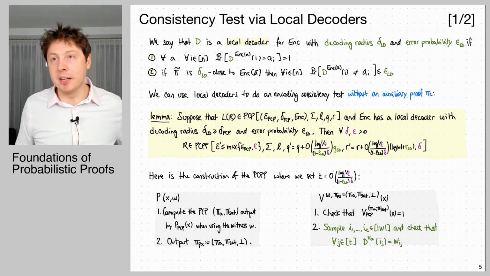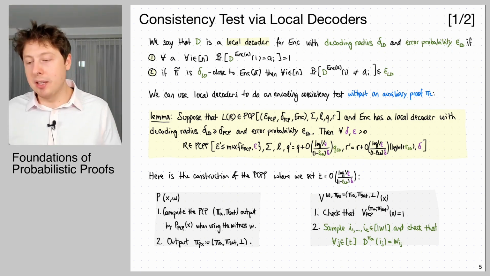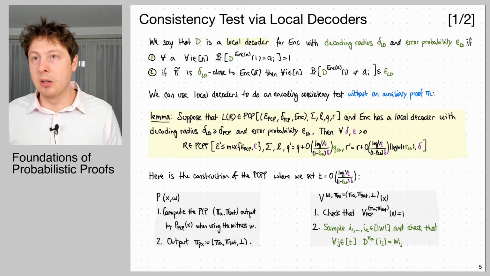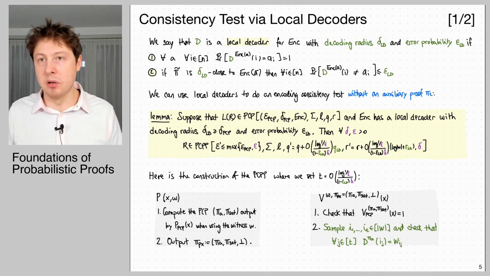Okay? Why? Well, if the given W and the encoded W are delta far, and I sample a random index and I compare them, then I should spot a different location with probability delta, right? And if I do this t times, the probability that I never find an inconsistency will decay exponentially in t, right?